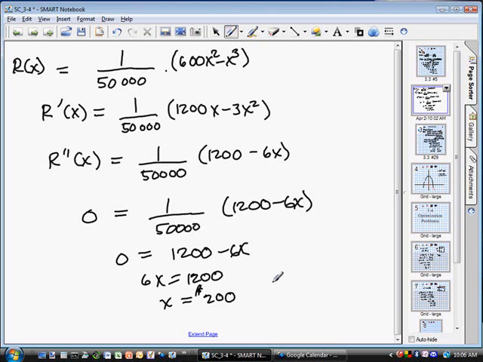So what they're saying is, okay, first of all, where is that? And then, of course, we'd have to plug this in. Wow, you'd have to crank this out: 200 squared times 600 minus 200 cubed, and divide that by 50,000, and that would be this y-coordinate here. Now, why is there a second point? That's a good question.